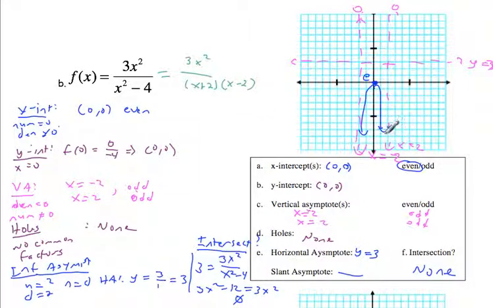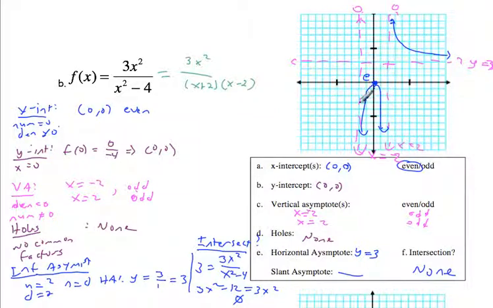So if it was going down here, it's going to be shooting upward when I go across that vertical asymptote. We also know that our graph can't cross this horizontal asymptote from our analysis. So as x goes to +infinity, our graph is going to get closer and closer to the horizontal asymptote at y equals 3.